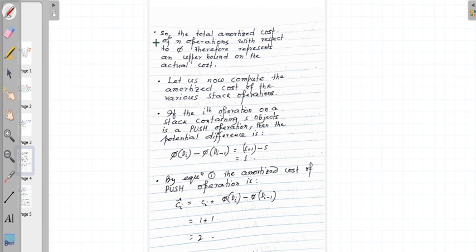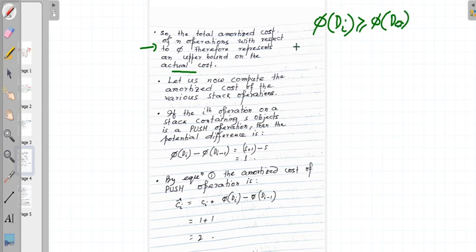So the total amortized cost of n operations with respect to phi therefore represents an upper bound on the actual cost. Once we have proved that phi of Di is greater or equal to phi of D0 for all i, that implies phi of Dn is greater or equal to phi of D0.